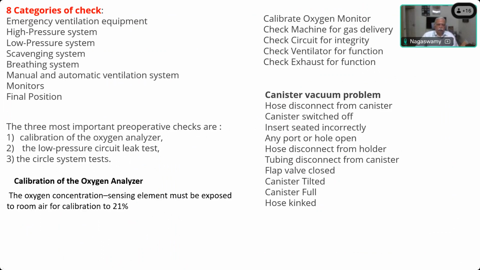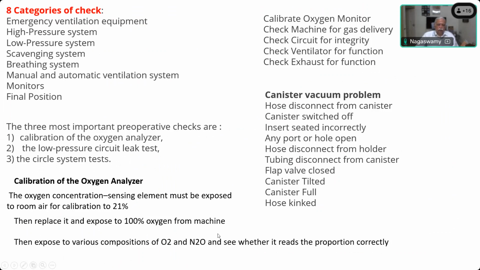And calibration of the oxygen analyzer, all of you must know how to do that. You first expose the analyzer to room air and it should show only 21%. After that, you connect it to the machine and expose it to 100% oxygen, and then do it at various concentrations of oxygen and nitrous oxide. So everything should be correctly displayed. When you expose it to room air, it should show 21%.